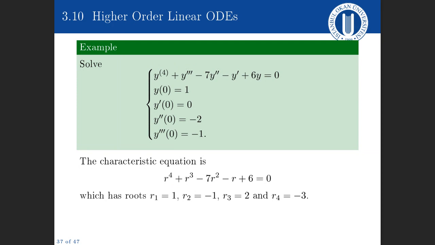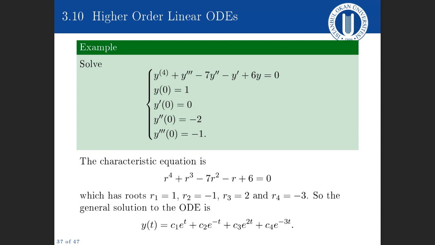As soon as we know the roots, we can write down the general solution to the differential equation. Constant e to the power t plus constant e to the power minus t plus constant e to the power 2t plus constant e to the power minus 3t.